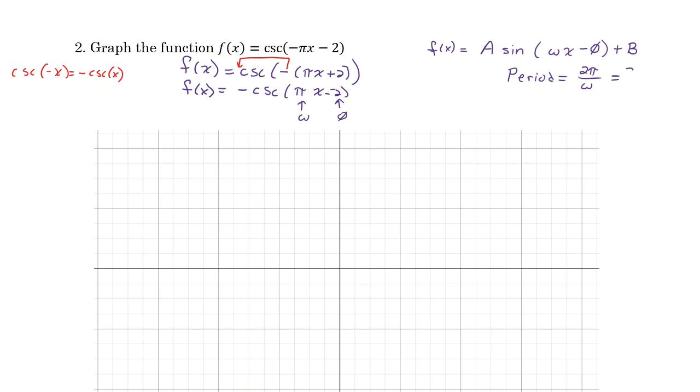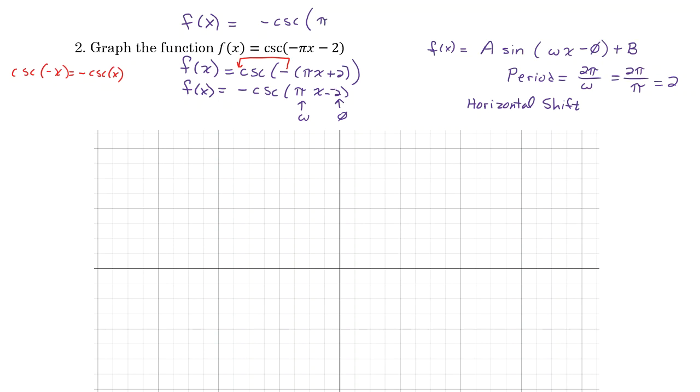So our period is 2 pi divided by omega, which is pi. So our period is 2. And our horizontal shift is going to be found by factoring out. If you wanted to do that, you could factor out the omega value inside these parentheses.